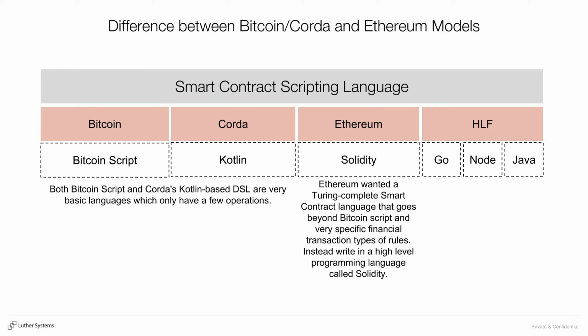You write your programs like you would write a JavaScript program or a Java program, and those programs have all the rules that determine both whether the transaction is valid and how to update the smart contract state. This is how people build more complex decentralized applications on top of the Ethereum network.